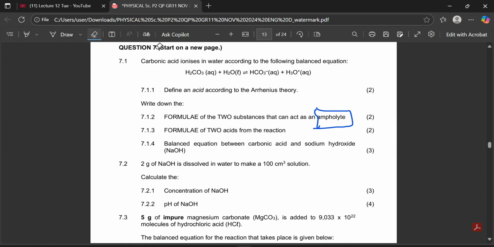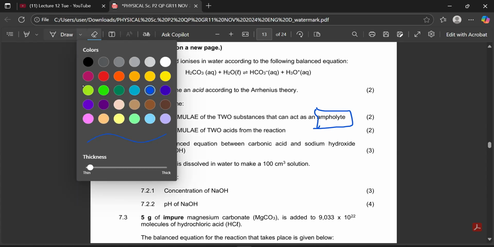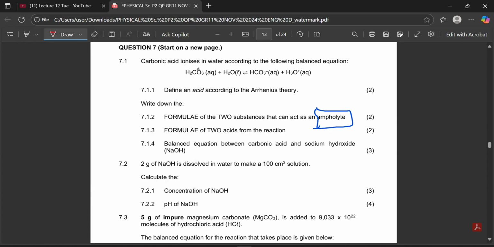It gives an H plus, and water then becomes H3O plus, and carbonic acid loses a proton and becomes HCO3 minus. If you really looked at the old videos, you would understand what is being done here, right?